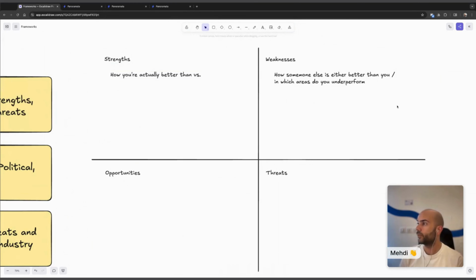At the reverse, the weaknesses are where your competitors are doing better than you. And here you have two solutions. It's either the things where you don't want to go in, because you know that another company is far better positioned than you to use this strategic position or this marketing channel.